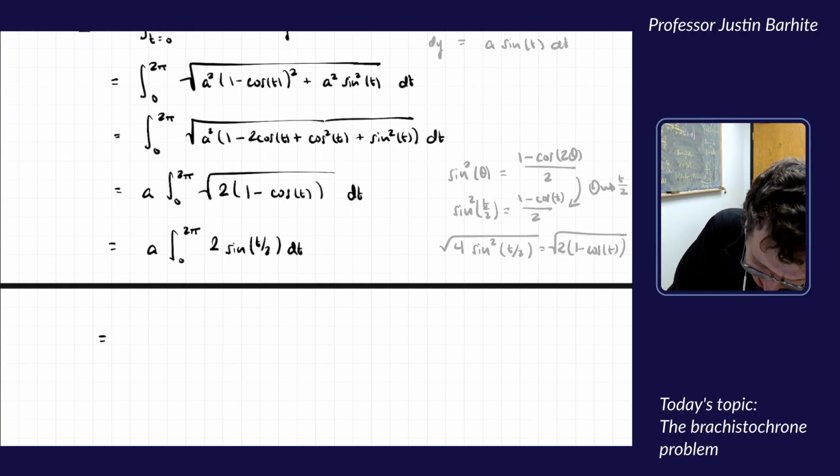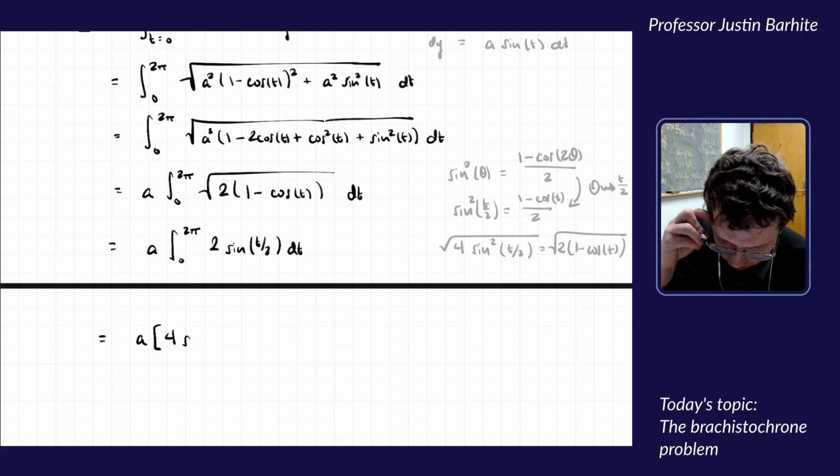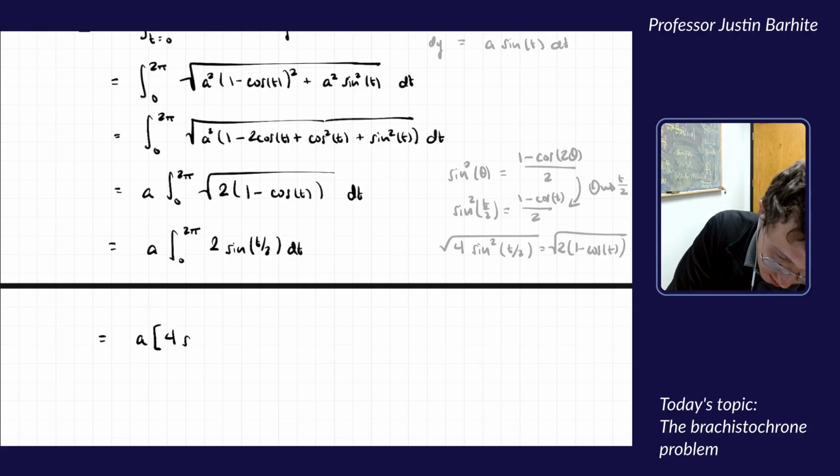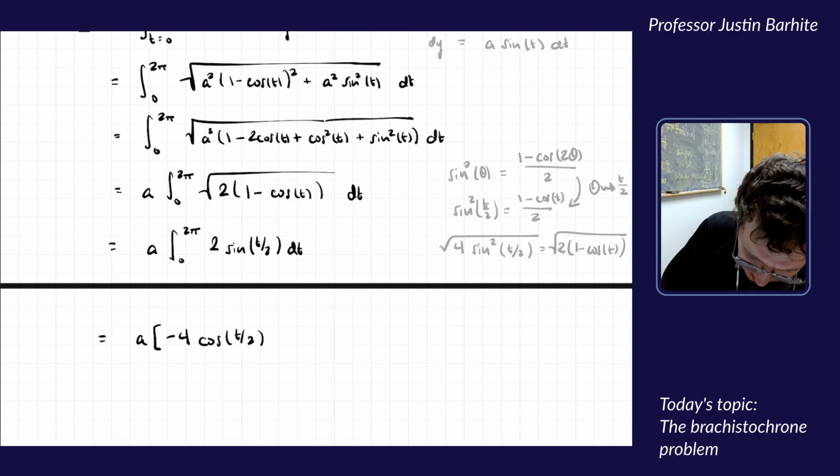And my antiderivative here is 4 times minus cosine of t over 2, which gets evaluated from 0 to 2 pi.